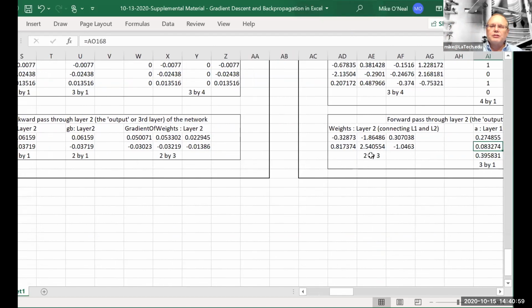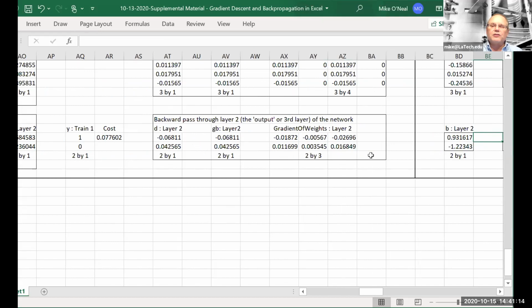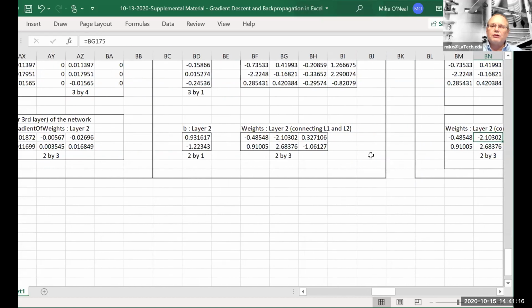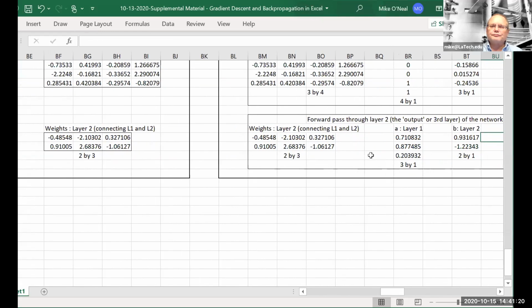What about the other inputs? Well, here is the second input, which is supposed to be a 1, 0, and we have 0.68, 0.23. Clearly that one's bigger, so it's giving you a 1 here. So it worked right on the first and second inputs. How about the third input?